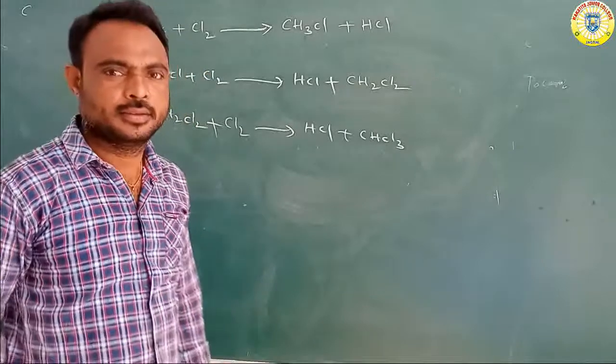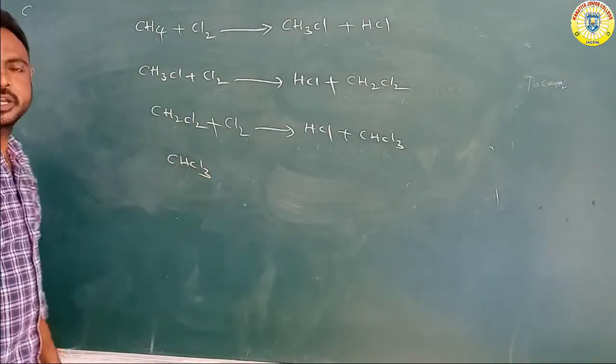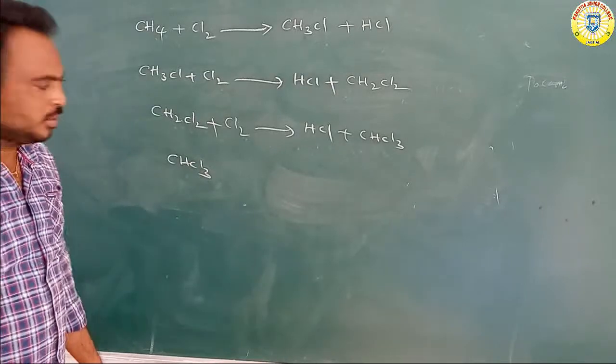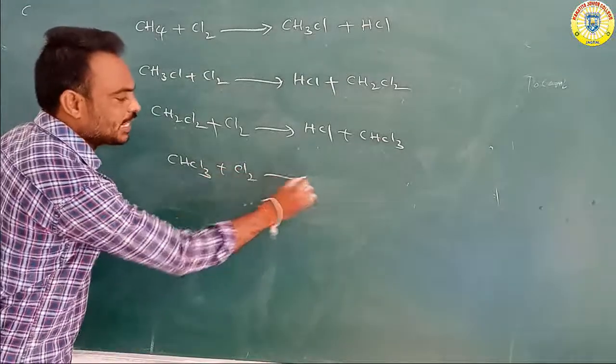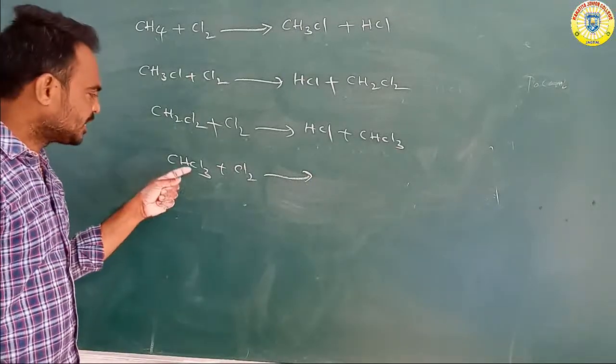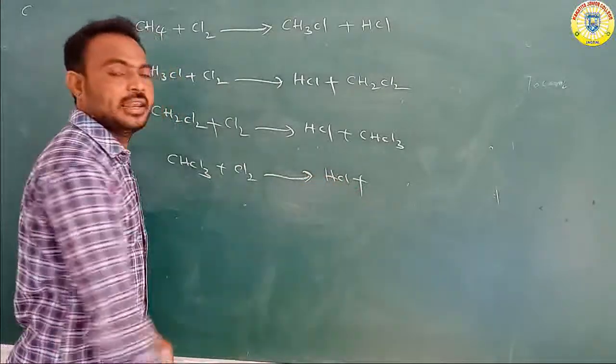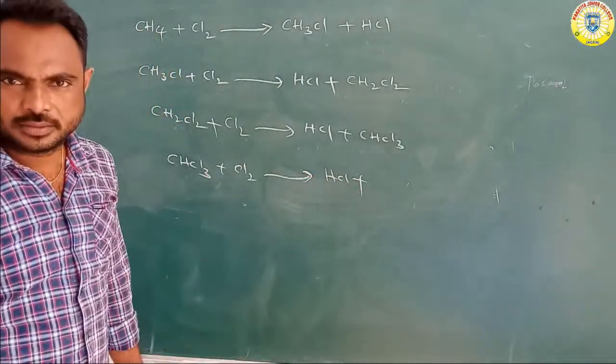Next further, CHCl3, trichloromethane, also reacts with another chlorine to form in this reaction, one hydrogen, one chlorine to form HCl, hydrochloric acid.